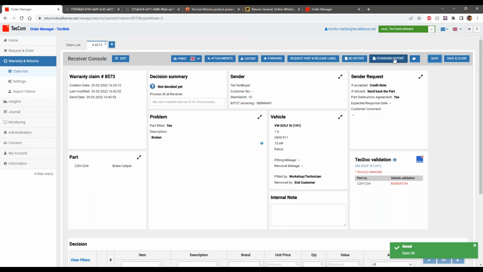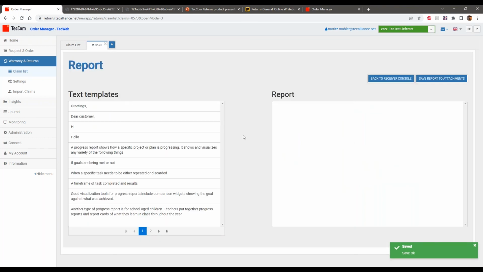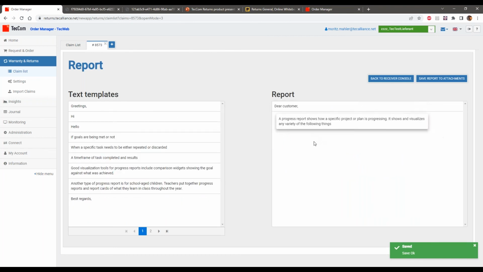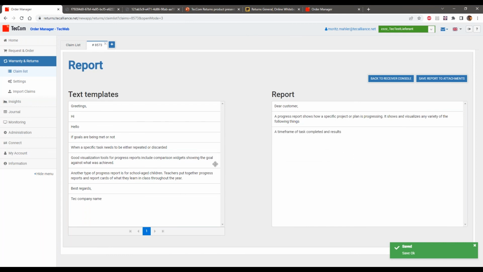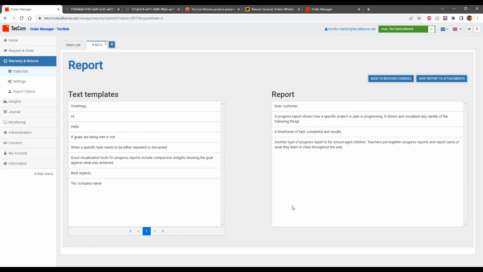As I showed you, we have a chat. We have the possibility to give him even a standard report. We could tell him, for example, dear customer, if you build in a part which is not fitting to this car, you should learn better or check better TecDoc data when you buy these parts. Best regards, your supplier.